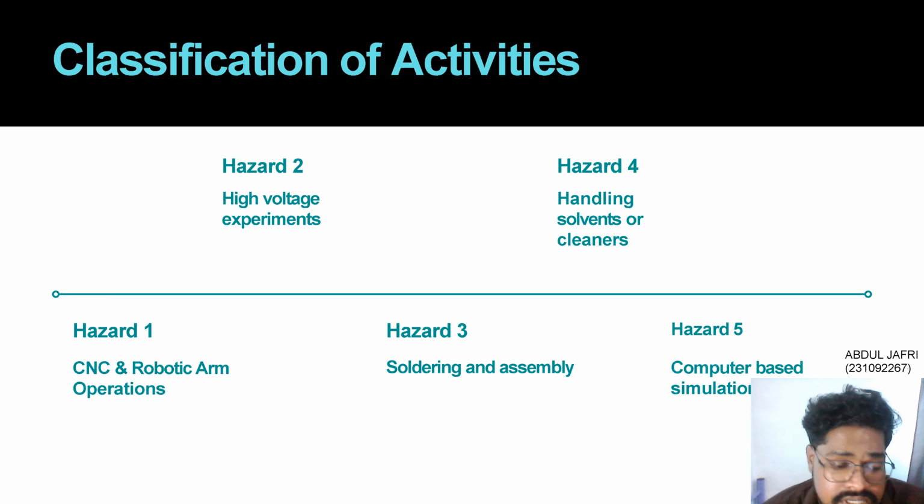For the classification of activities from most hazardous to least hazardous, at the top are CNC and robotic arm operations, followed by high voltage experiments, then soldering and assembly. Hazard 4 is handling solvents or cleaners. Hazard 5 is computer based simulators. Now my teammates will walk you through the specific hazards and how we can control them.